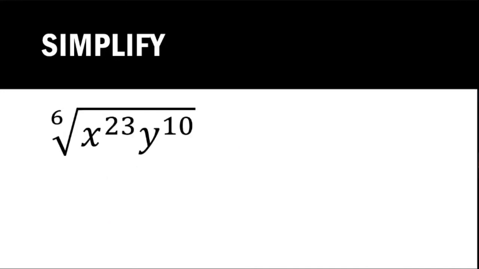Okay, let's have the 6th root of x raised to 23, y raised to 10. So, 23 divided by 6 will have 3, with a remainder equal to 5. If you have 10 divided by 6, that is equal to 1, with a remainder equal to 4.